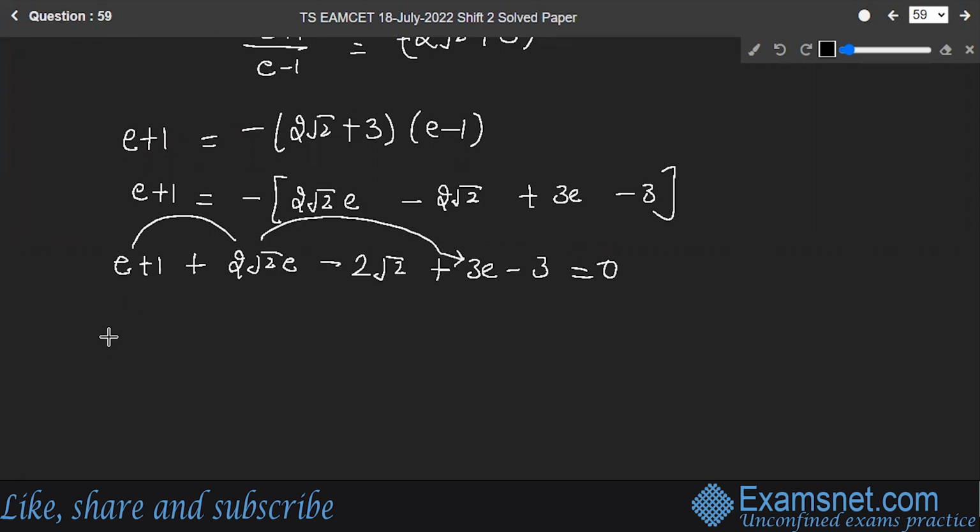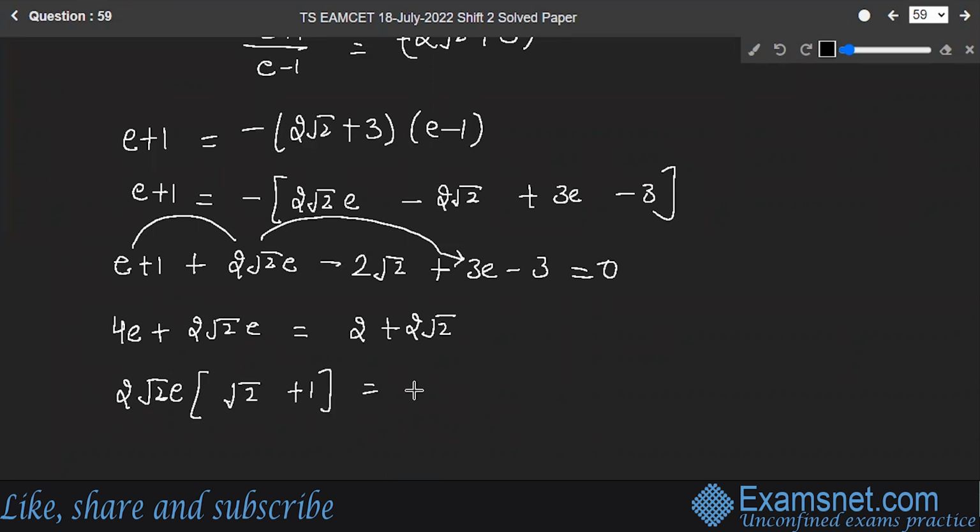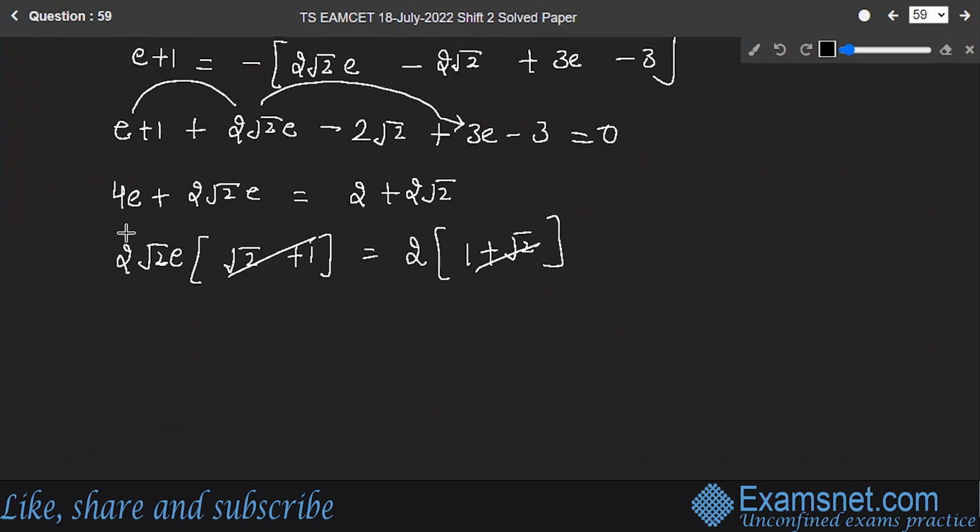So e+1 minus 2√2e − 2√2 plus 3e − 3 is equal to 0, and we get 4e + 2√2e equal to 2 plus this. Let's take 2√2e common from here; I'll be left with √2 plus 1, and from the other side I'll take 2 common, so 1 plus √2. These are going to get cancelled, and even the 2 and 2 will cancel. You will have the e value to be 1/√2.